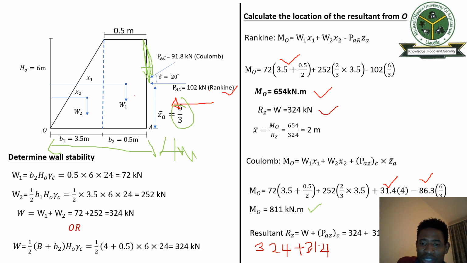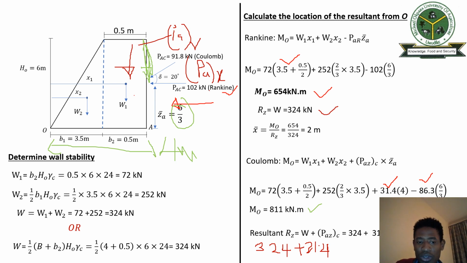Where did we get 31.4? 31.4 is the vertical load because of the friction between the wall and the soil. The friction is going to contribute vertical load, which is going to help to resist the wall from sliding, and is also going to contribute the horizontal component of the force, which is going to increase the chances of the wall to collapse.